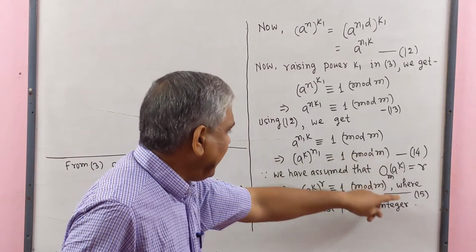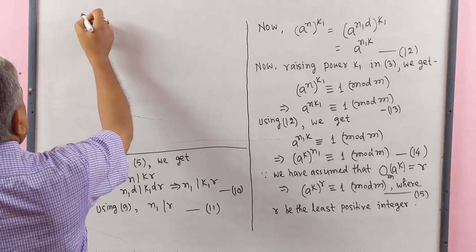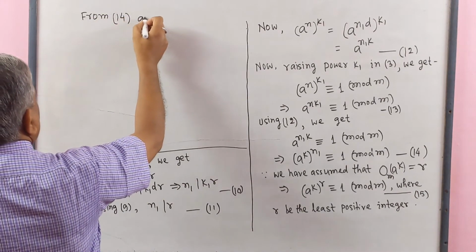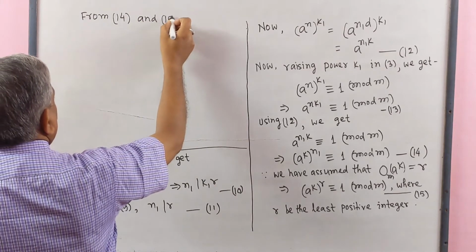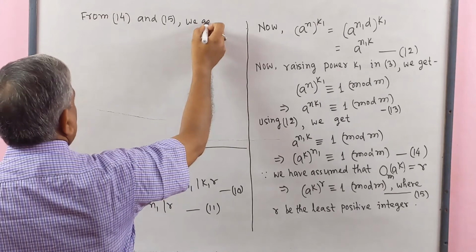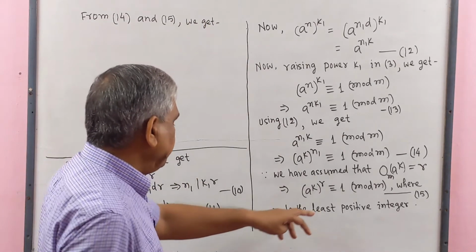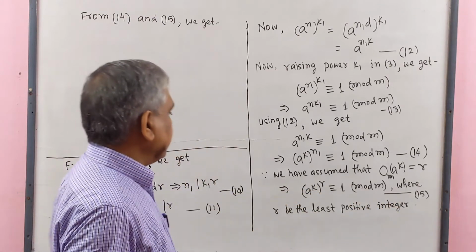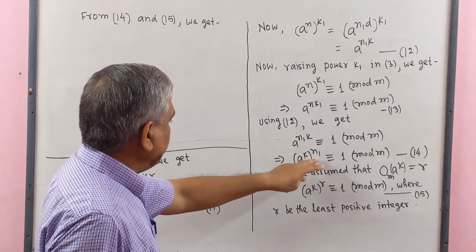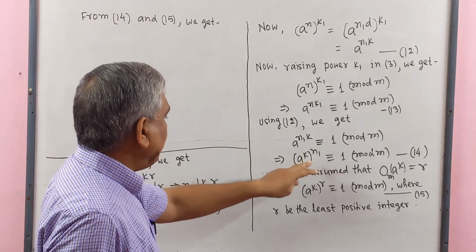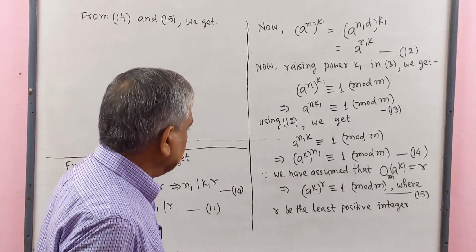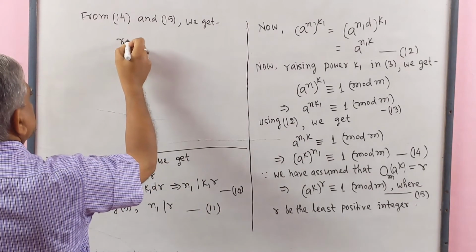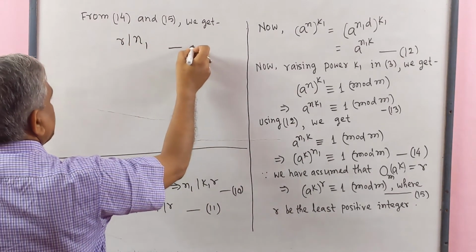From 14 and 15 we get, here in 15 r be the least positive integer, and here we have n1 as power of a to the power k. Therefore r divides n1. Let this be number 16.